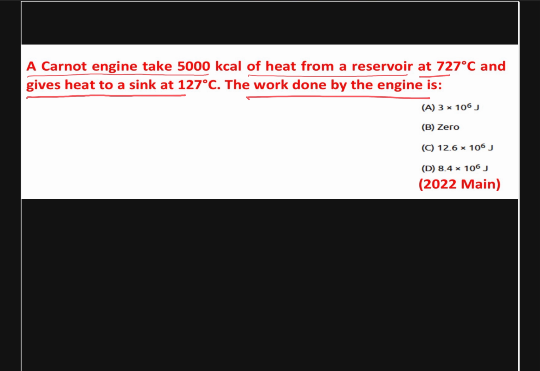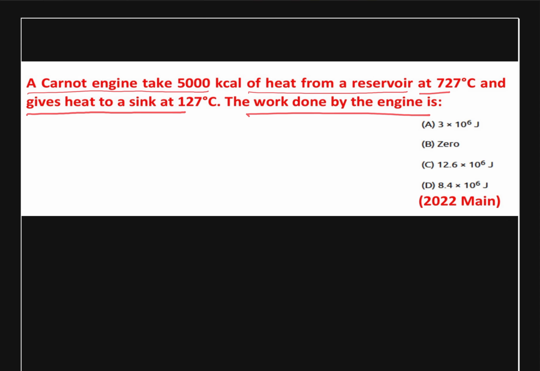So we start once again with the efficiency, because the efficiency of the Carnot engine can be written in two ways.